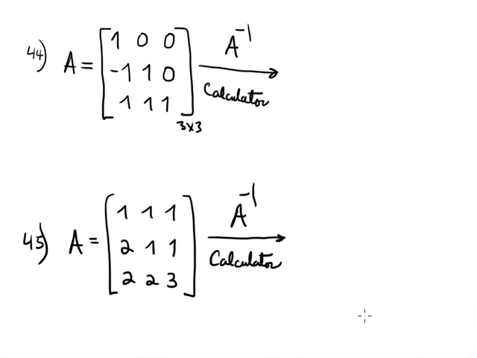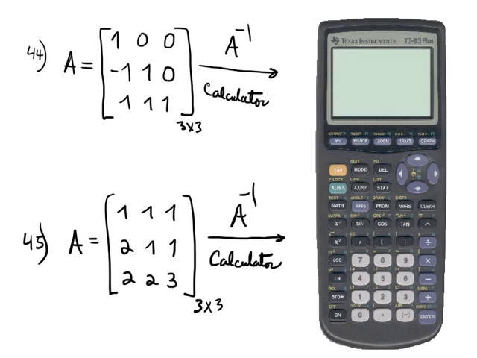Okay, questions 44 and 45 I want to solve using the calculator. It's two 3 by 3 matrices, and we compute the inverse matrix using the calculator. Let's see. All clear. Let me go to the matrix editor.